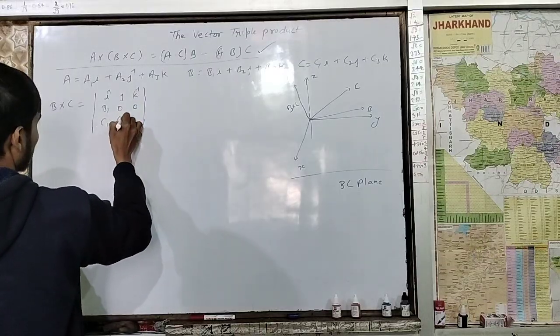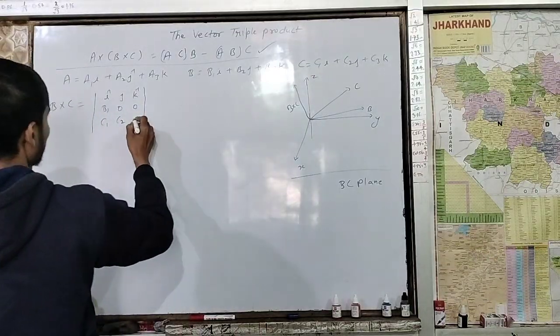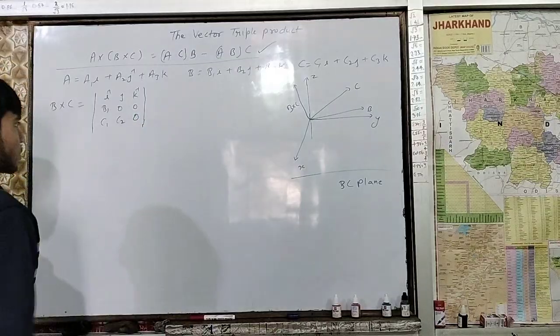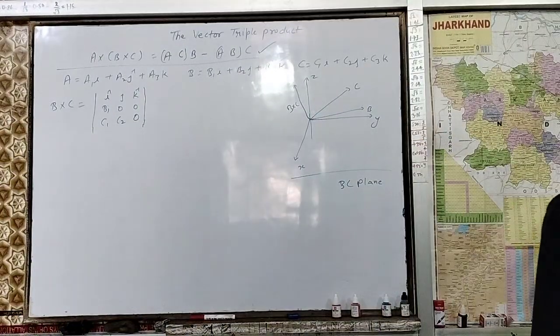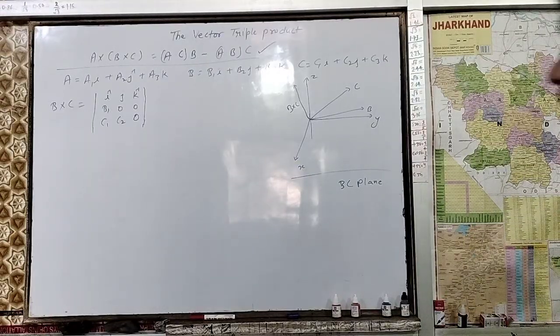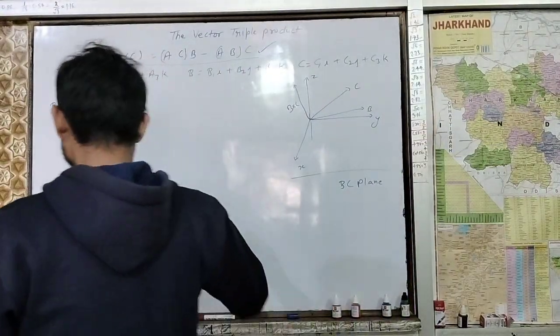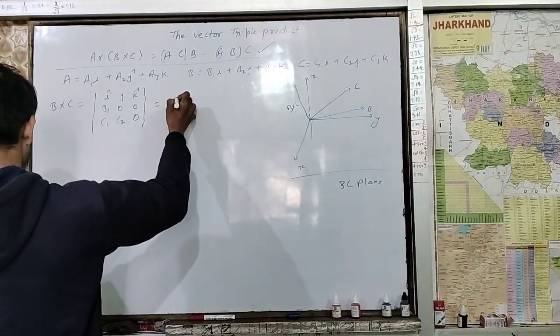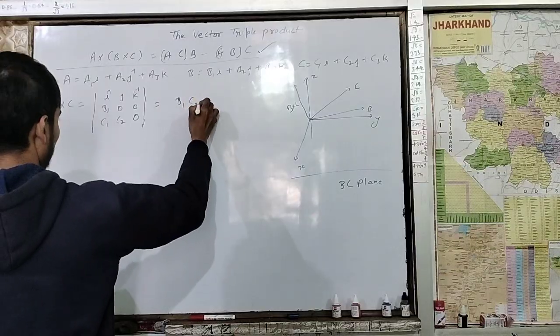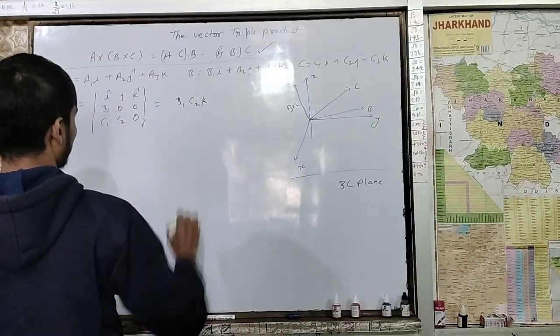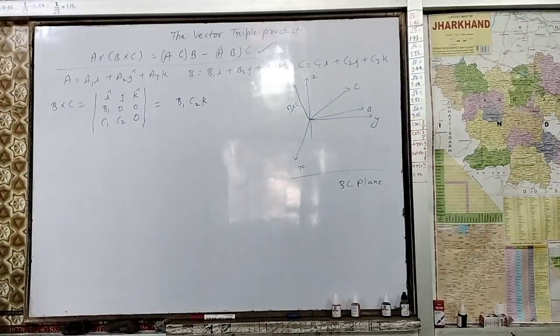Now C1 and C2, but C3 is 0. When you simplify it, you will get B cross C equal to B1 C2 K cap.